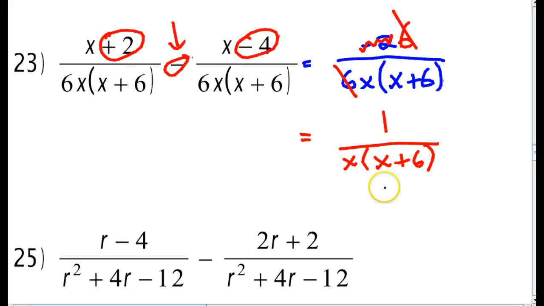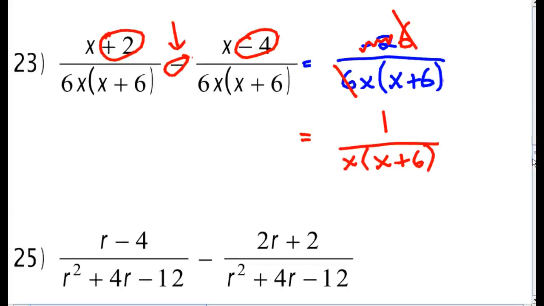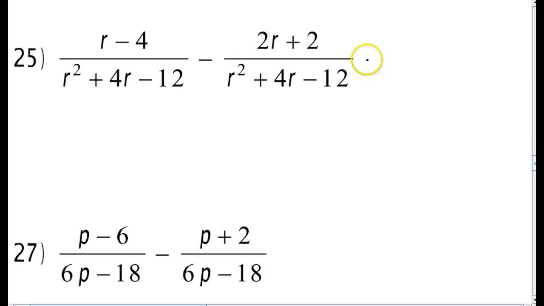Plus. There you go. Okay. Good. Okay. Doesn't that make a difference? 2 minus 4, 2 minus 8. Good.